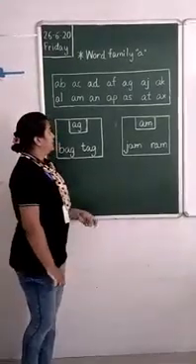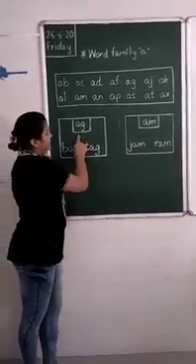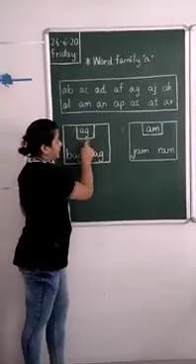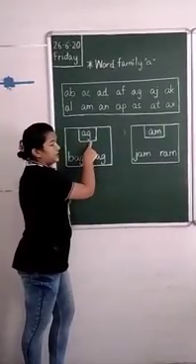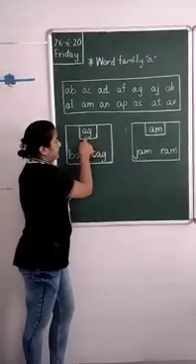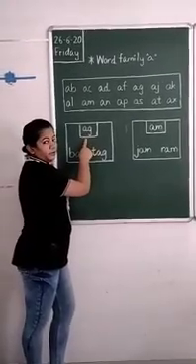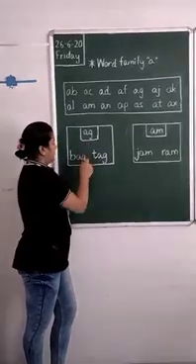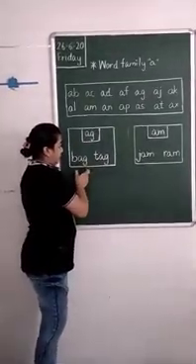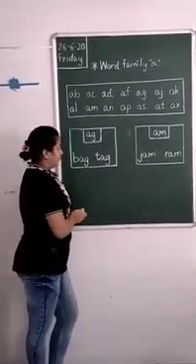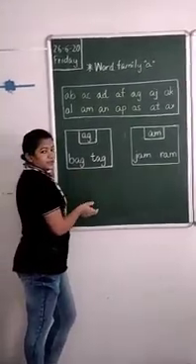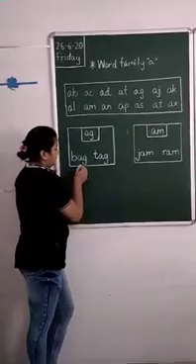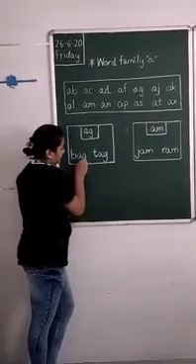Okay, children, now we will do other family words. What is this? A says a, G says g. It becomes ag. So let's start. We will make 3-letter words. First, you search for the family word of A and underline it like this.